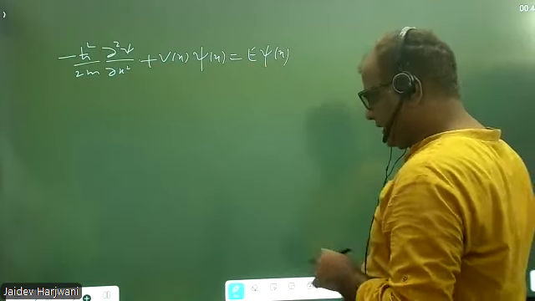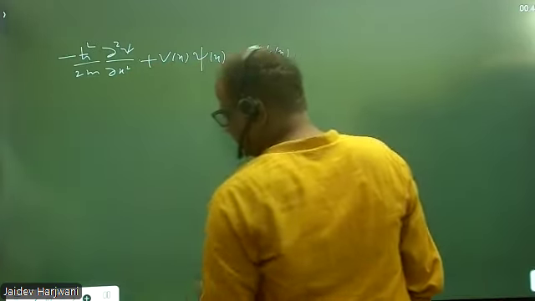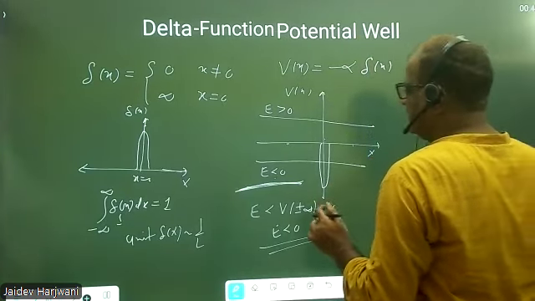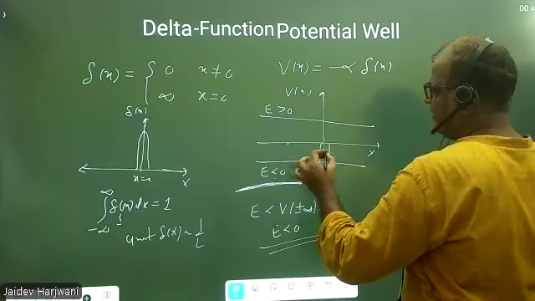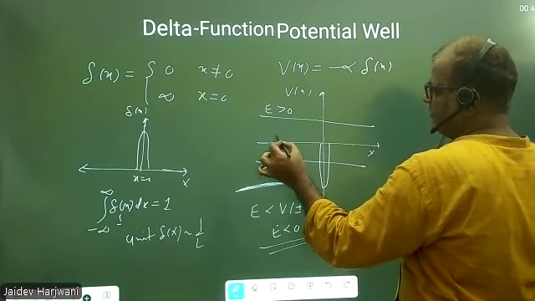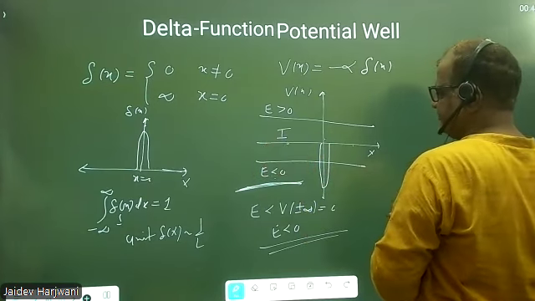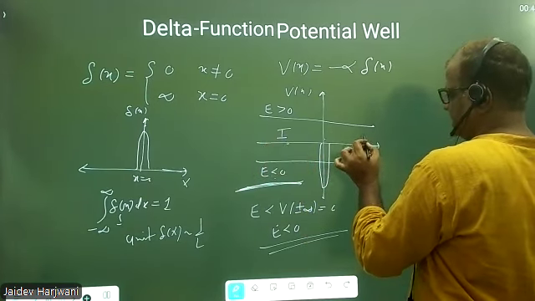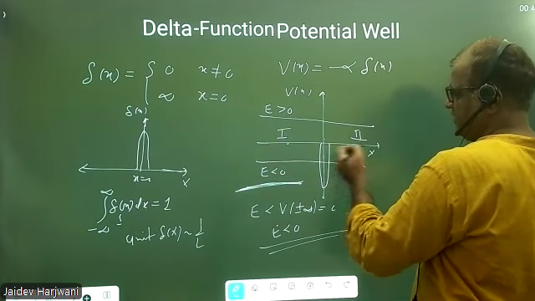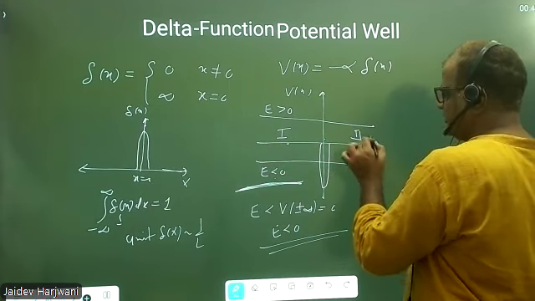Now I am going to solve this Schrödinger equation for three regions. Say this is my negative axis. The left hand side of x equal to 0, I say this is my region 1, and the right hand side of x equal to 0 is region 3.